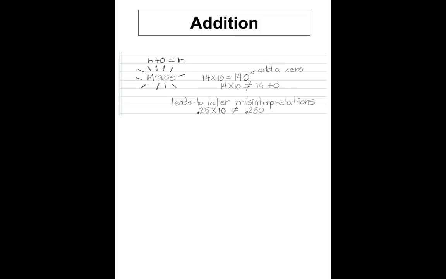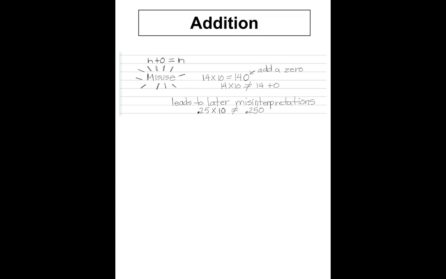So it's important that students know the difference between adding a 0 and putting a 0 on the end or attaching it. And even at some point, it is probably not a good idea to use that because it leads to later misinterpretations.